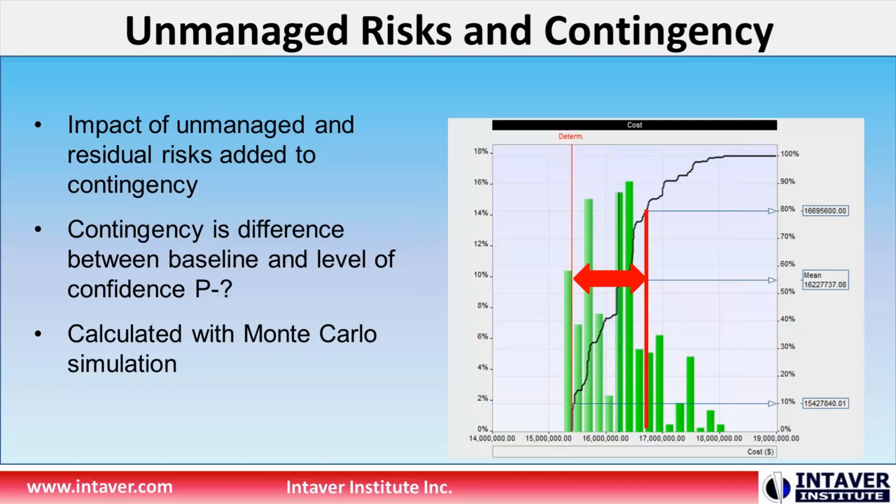Typically our contingency or schedule margin, whether we're looking at schedule or cost, is the difference between our baseline and a level of confidence that we have set. The level of confidence commonly used is P80. That means we're setting our contingency or buffers at a level where 8 out of 10 times we'll be able to make it.